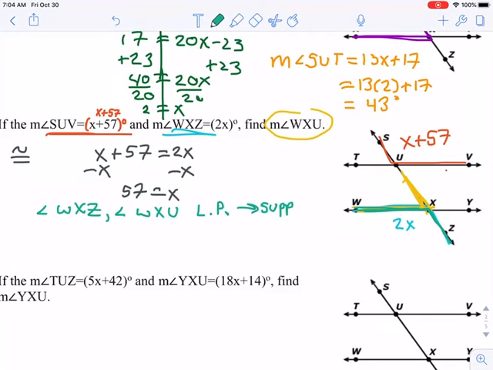That means these two angles are going to add up to 180 degrees. So this is 2 times 57 because it was 2x. Do I expect you to write what I'm writing down in green on a test? No, but ultimately you're going to be doing the same calculation.